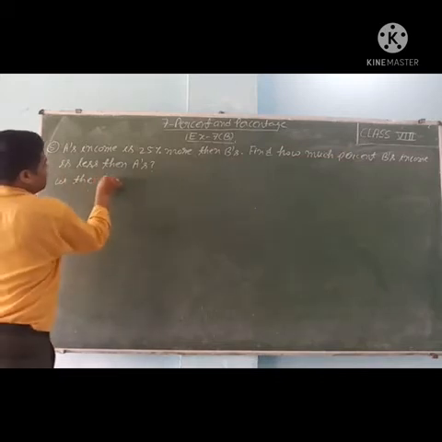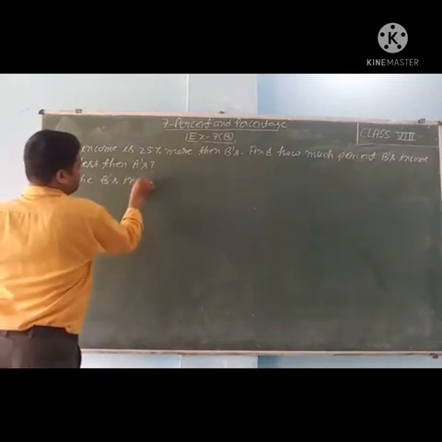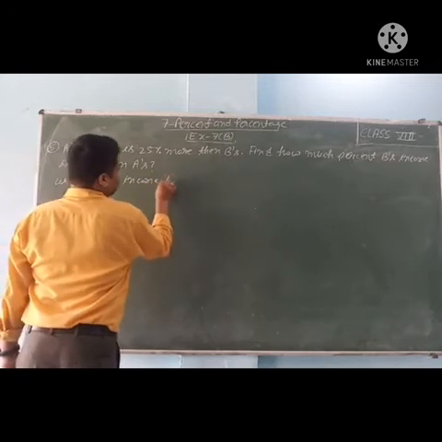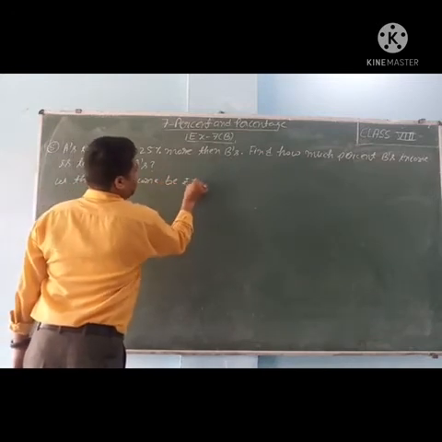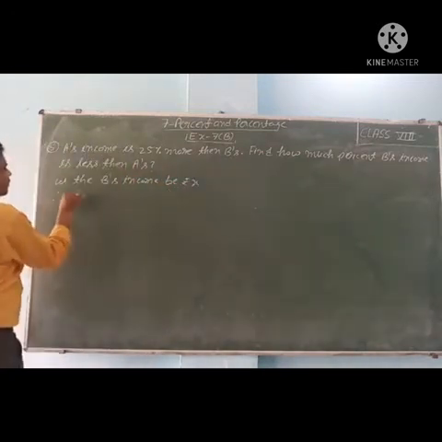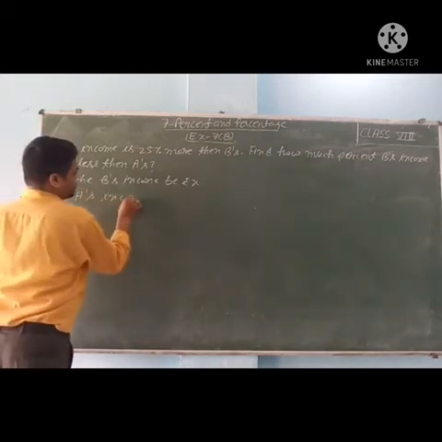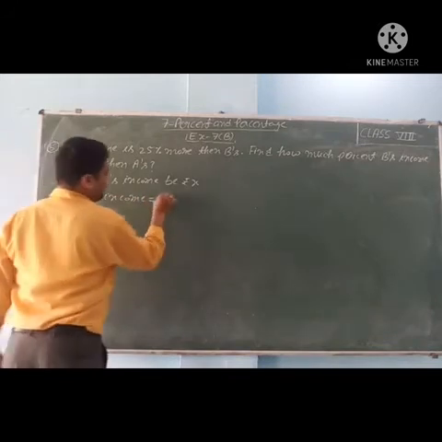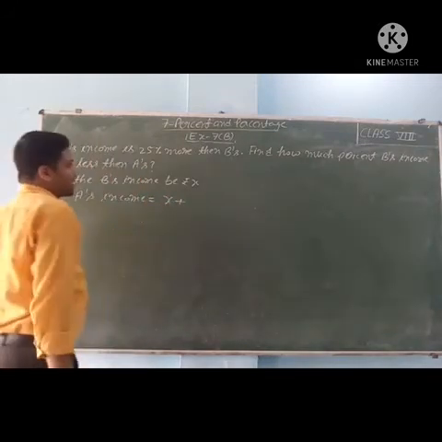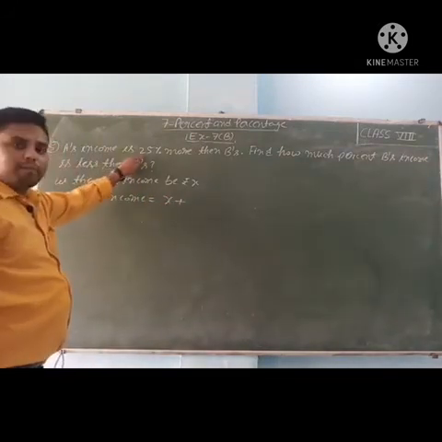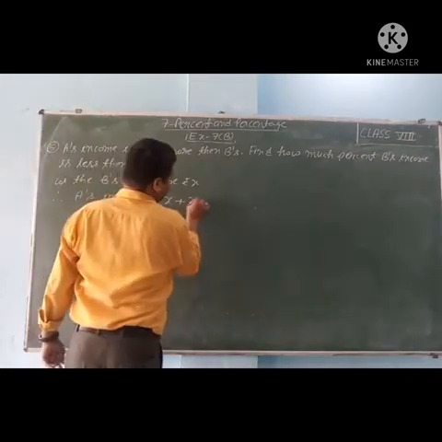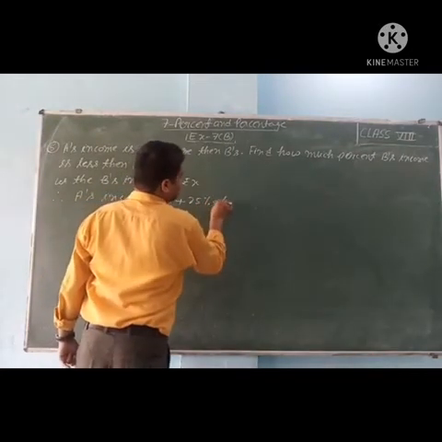So let B's income be rupees X. Therefore, A's income is equal to X plus how many percent more? 25%. So 25% of whose income?